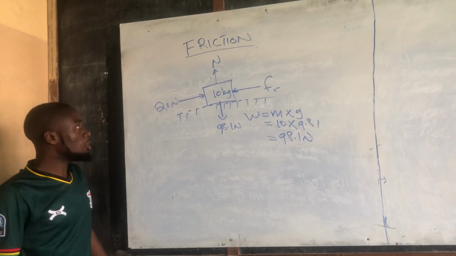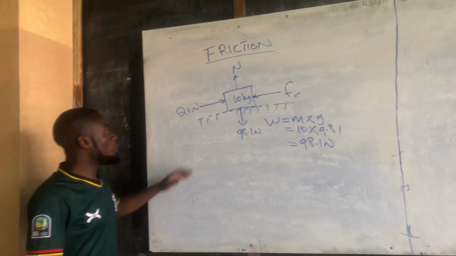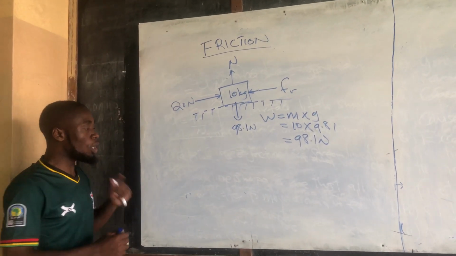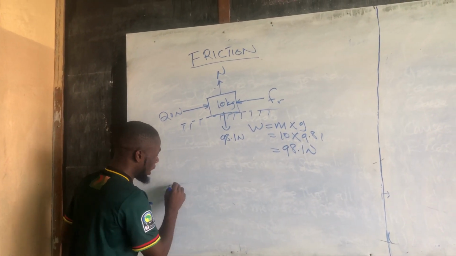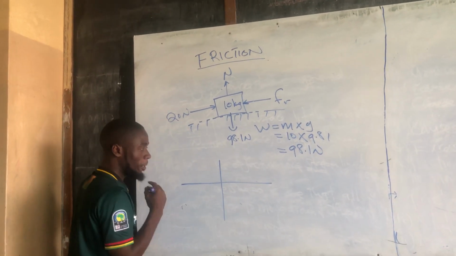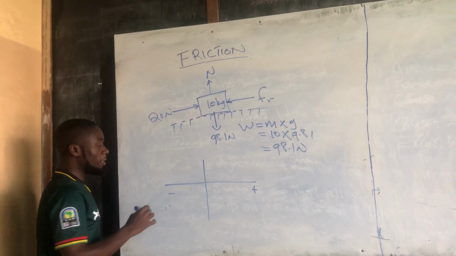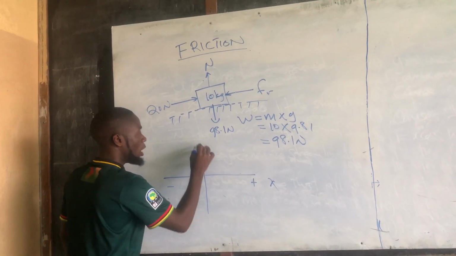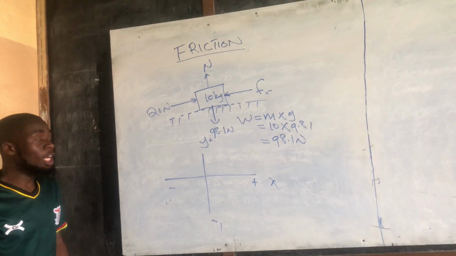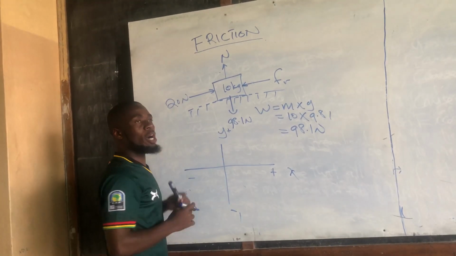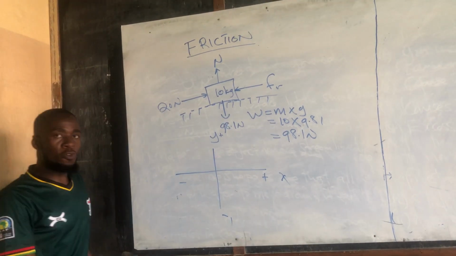Now, if you are told to find the frictional force there, you need to understand the x, y axis here. You know that x is positive this way, and negative this way. And y here is positive up, and negative down. So here, how many forces do you have in the horizontal? You only have 20 newtons and the frictional force here.